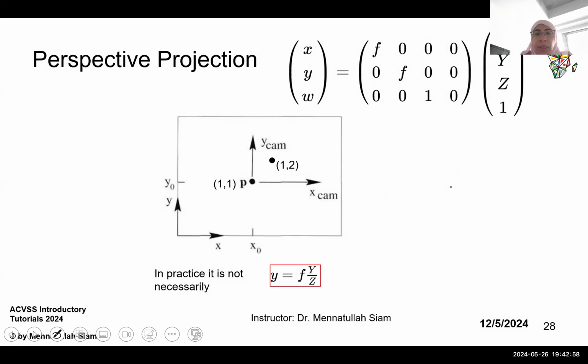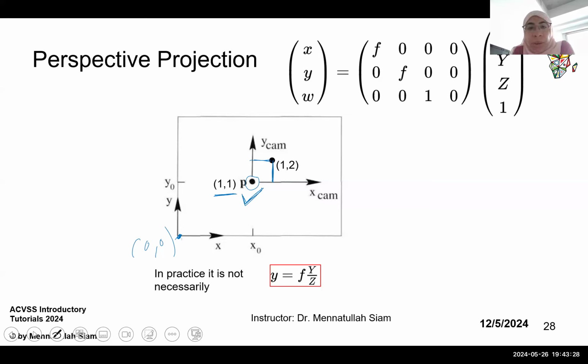Let's say I have a principal point here at location 1, 1, but the real origin, which is defined based on the camera as part of the camera parameters, is here. This is my 0, 0. So whatever you have defined for the y and the x is actually with respect to this P, but this is not the origin. So what should I do?